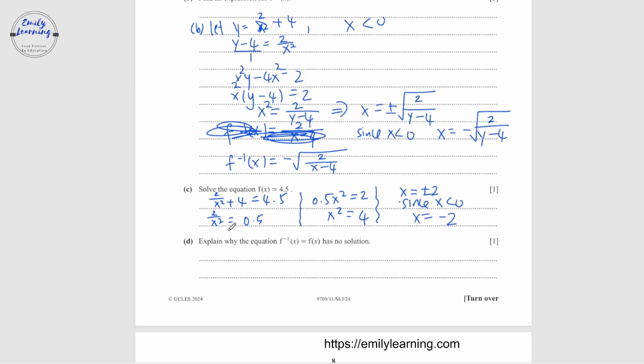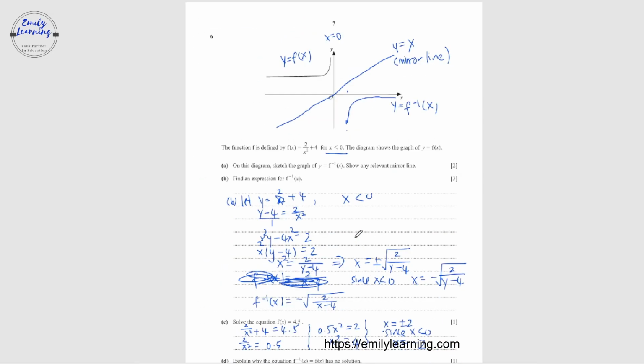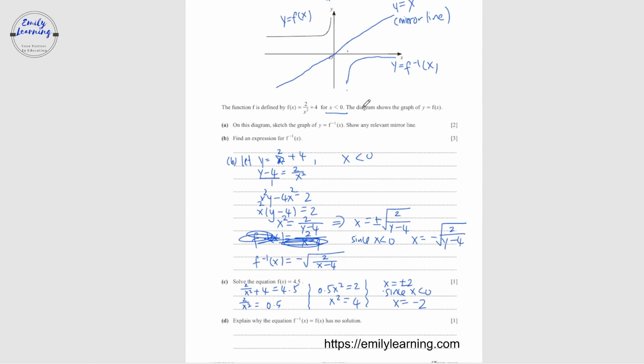Next, explain why the equation f inverse x equals to fx has no solution, right? So if you look at the graph here, there is no point of intersection between fx and f inverse x. So therefore it has no solution.